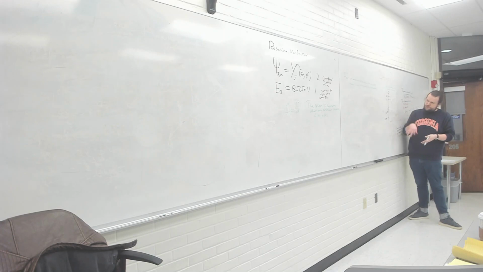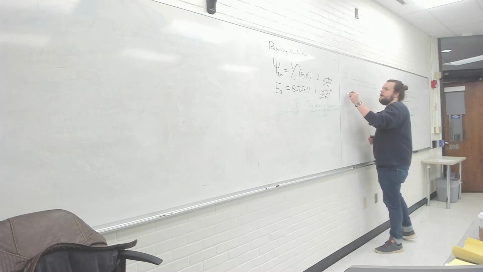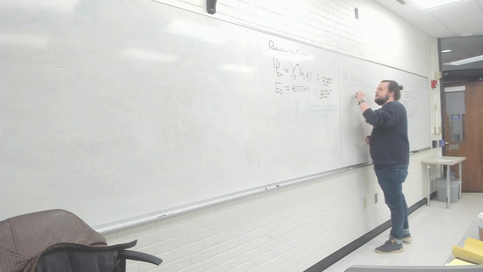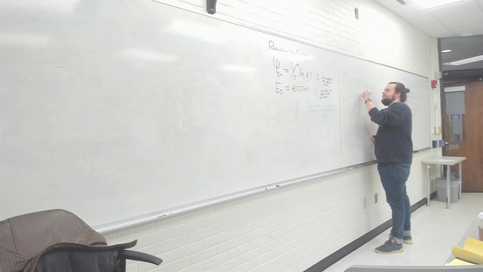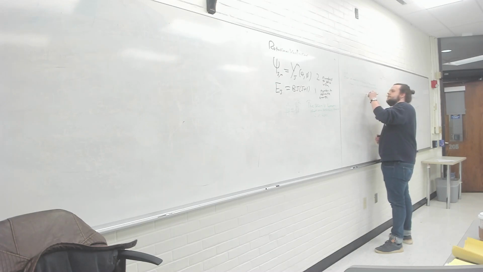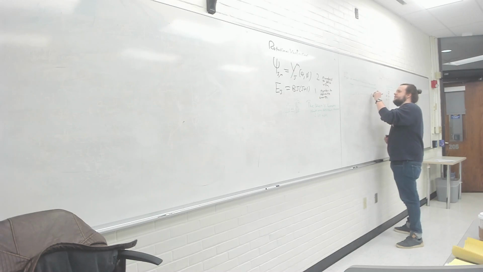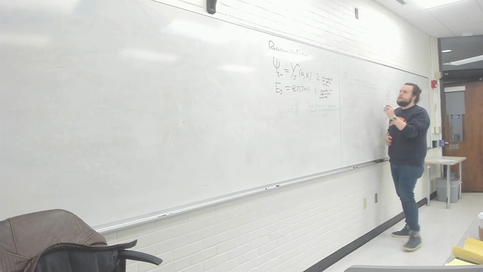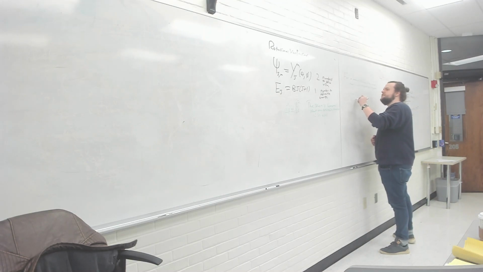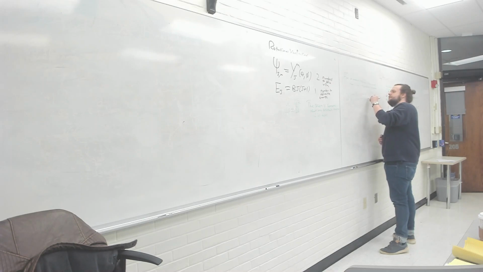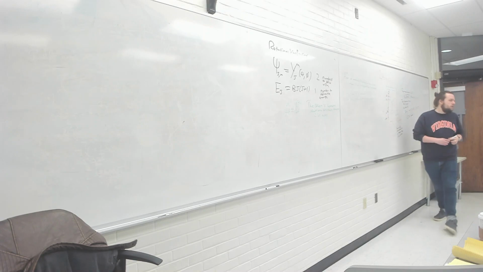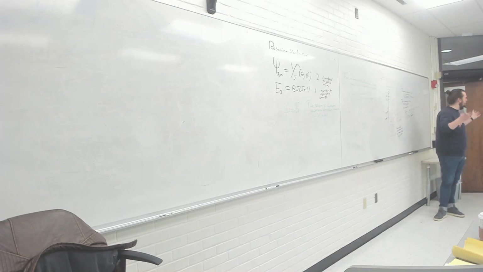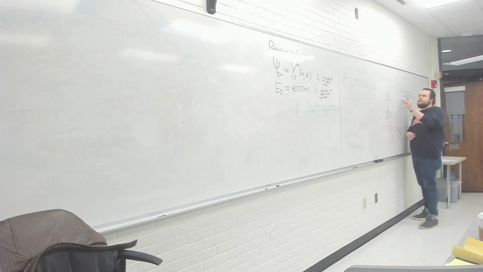There are 5 of them for J equals 2, because M is equal to minus J to J. But all orientations are equivalent. If the molecule is by itself floating in the air, there's nothing stopping me from erasing the Z and writing an X here.